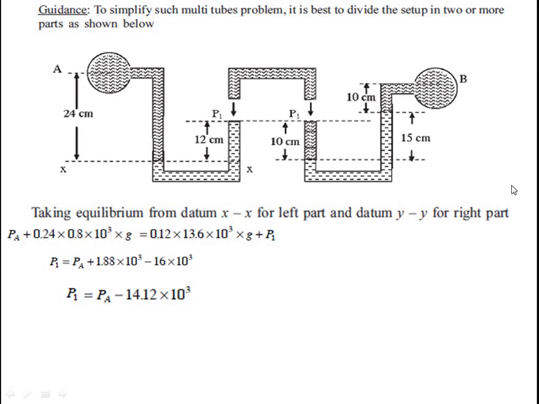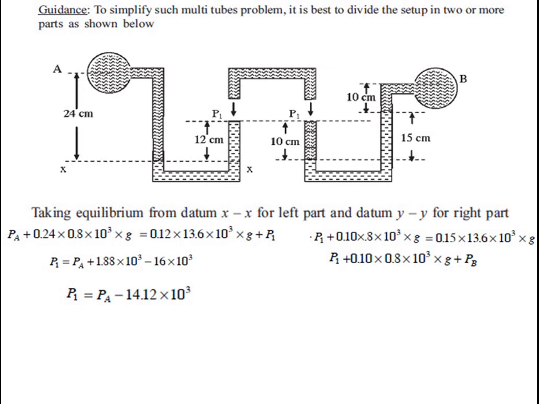Now consider similarly another reservoir. In this reservoir, P1 into 0.10 into 0.8 into 10 to the power 3 into g is equal to 15 into 13.6 into 10 to the power 3 into g plus PB.